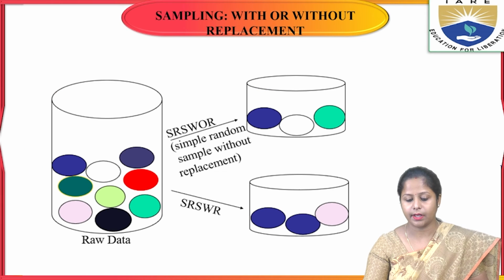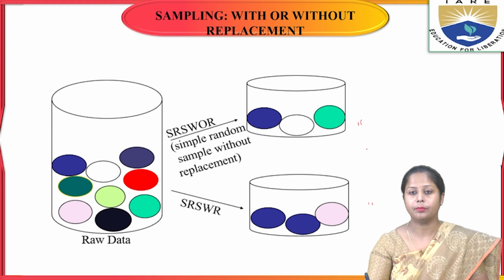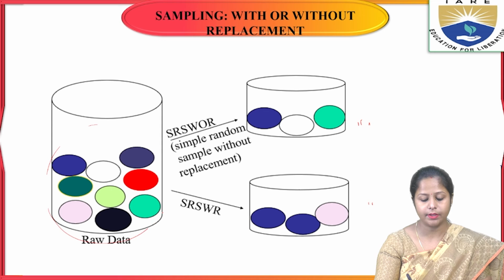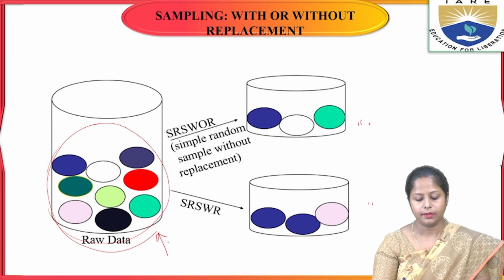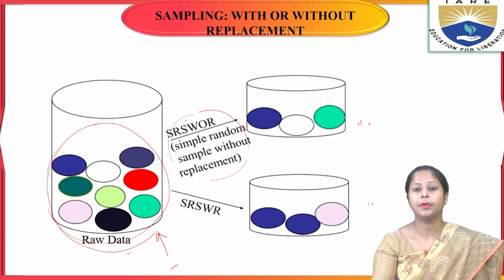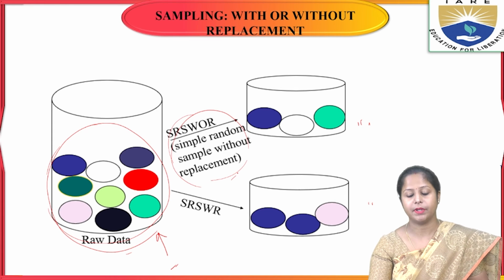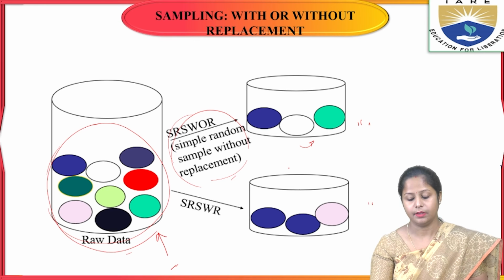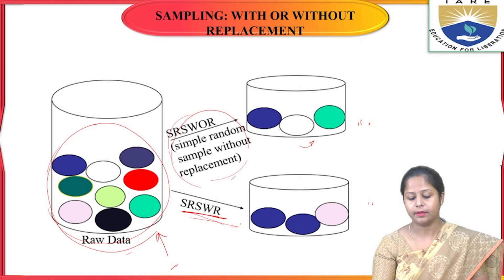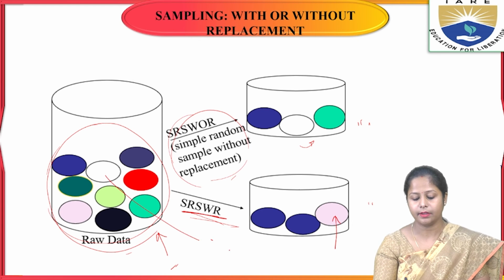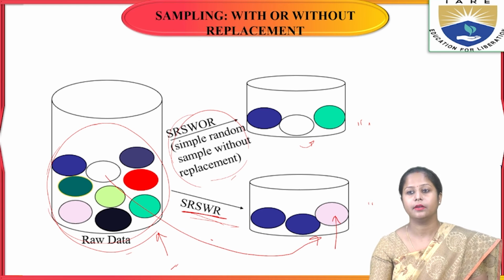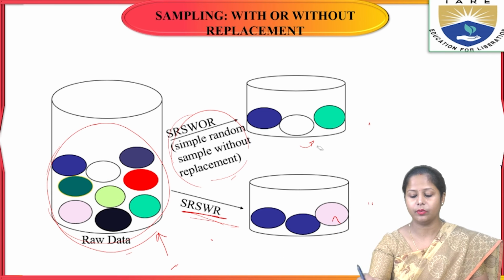In this graph, sampling with or without replacement are two examples. There we have some raw data. In simple random sampling without replacement, we don't need to replace the object. With replacement, we need to replace it with another object.